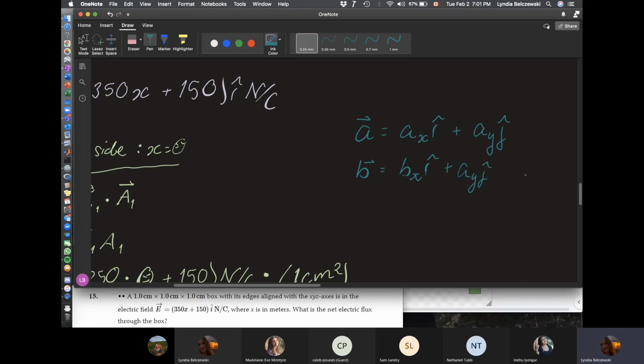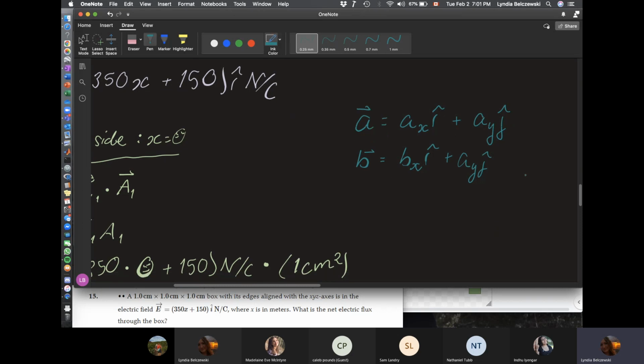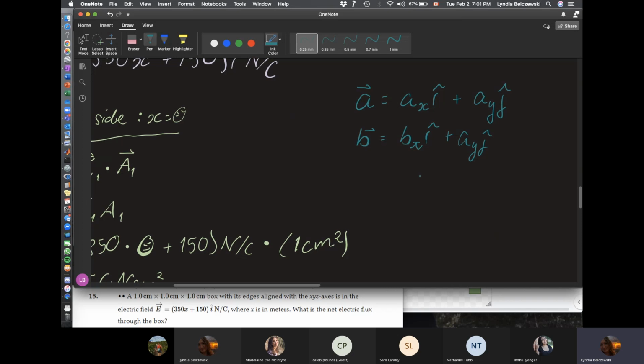Or, you know, these could have i hat, j hat, and k hat components. I'm just doing 2 to keep it simple. When you add and subtract vectors, that's pretty straightforward. You would just add your 2 i hat components, add your 2 j hat components, and there you go. You'd end up with a vector, and that's that. But when you multiply them, it's more complicated than that.